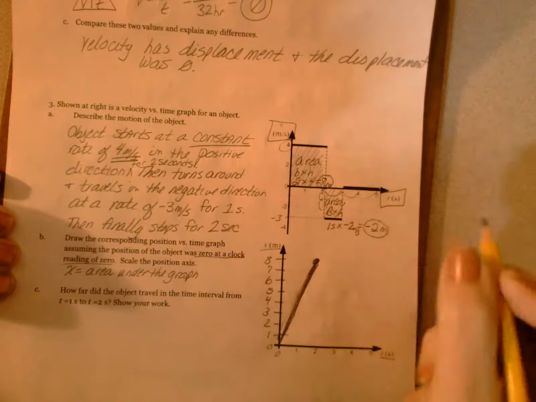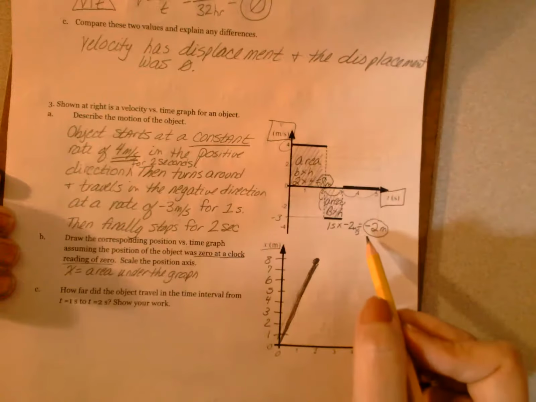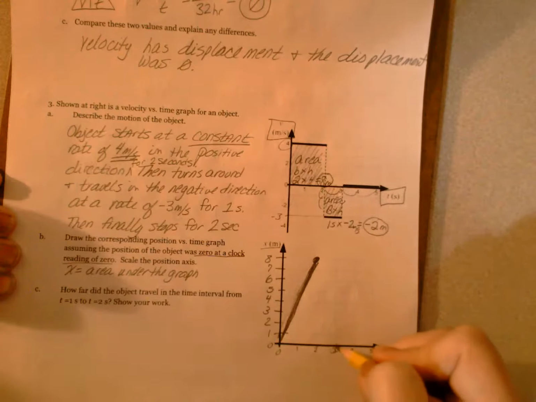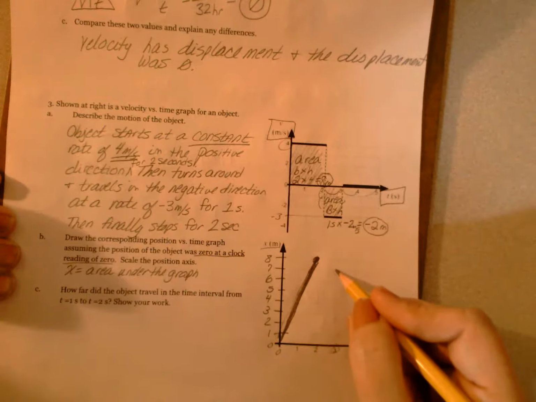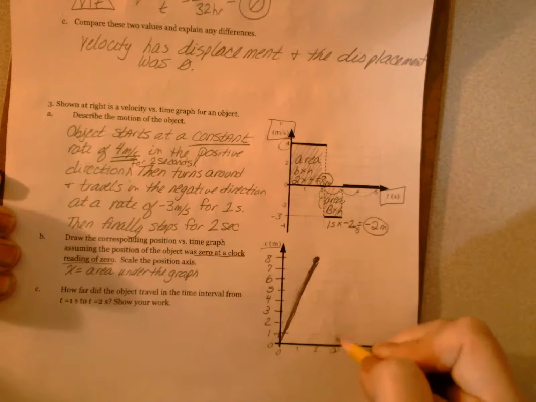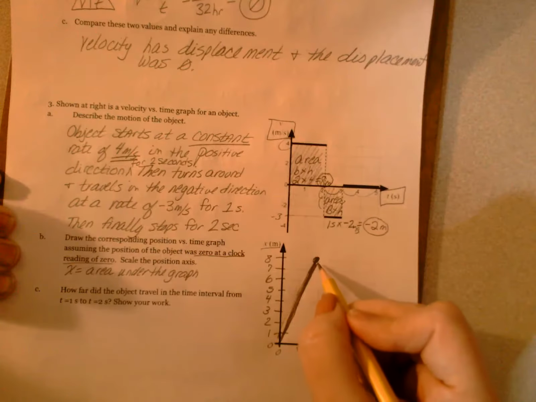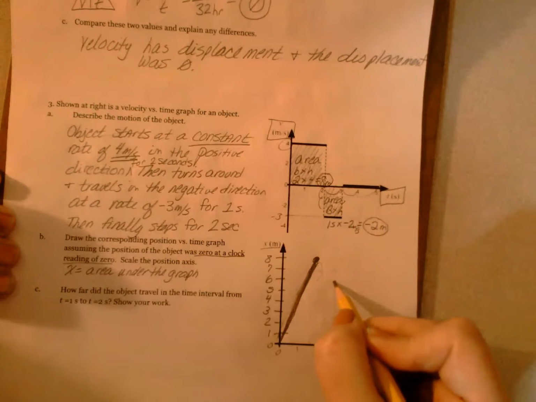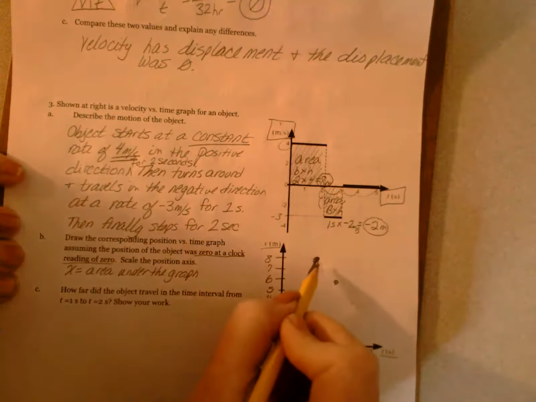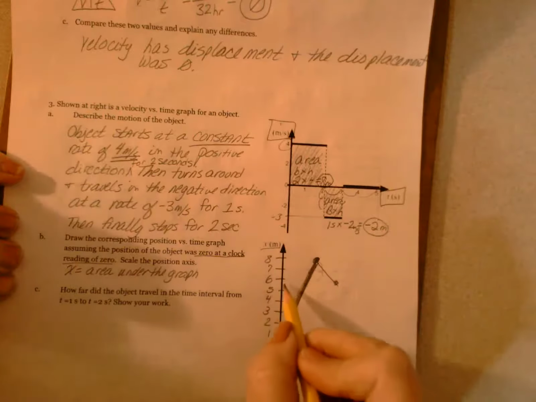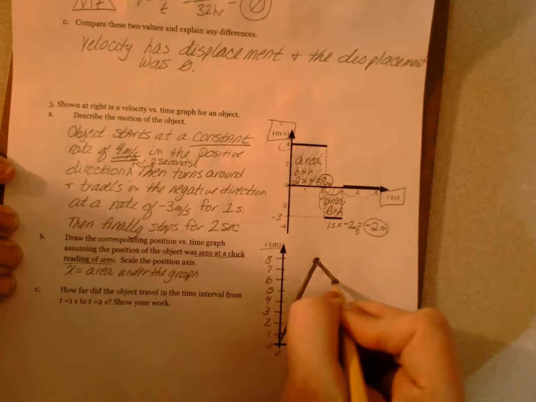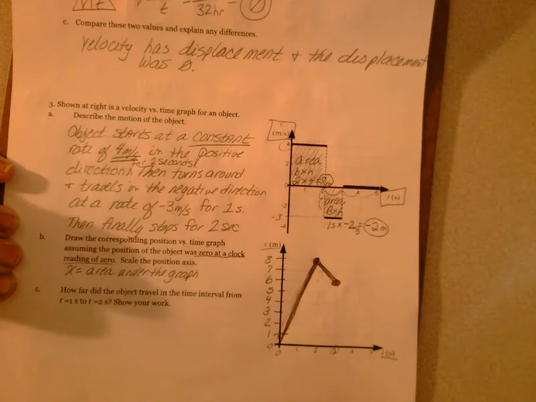So you got negative 2 meters, which means we have to go down 2 meters in 1 second. Okay, I'm at 2 seconds. I need to go up 1 second. So that means I need to come down. I got to end up on the 3 somewhere, and I have to come down 2. So there's 1, 2. But make it on the 3 line. So there we go. So we should be at 6 meters. Nice big section here.